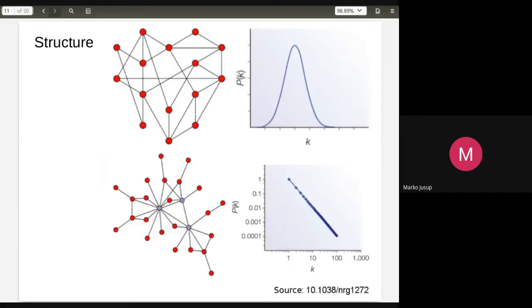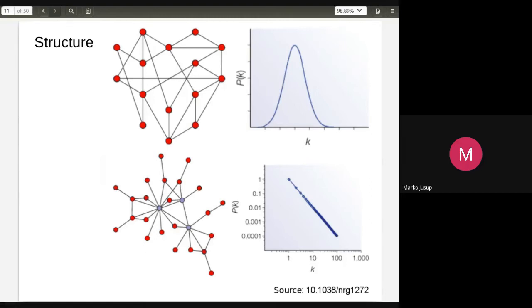When people talk about networks, especially some 10 years ago, it was very popular to talk about the structure of the network. It's a kind of static perspective, and I guess it comes in large part from statistical physics.